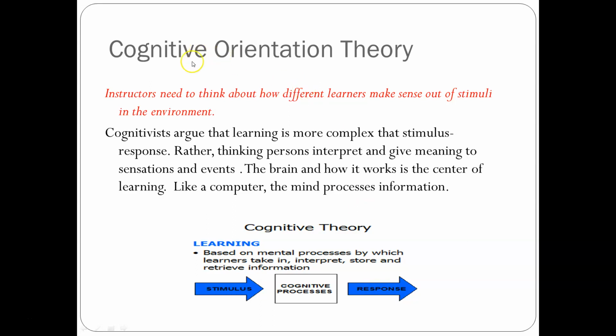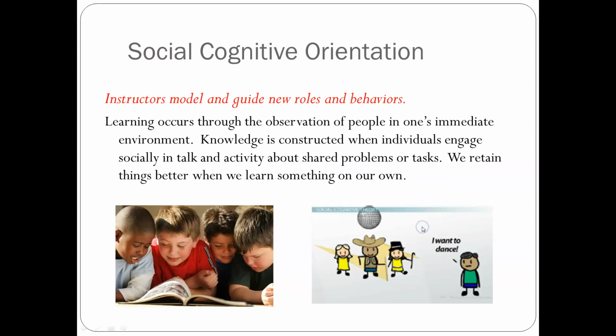And that takes cognitive orientation theory to a different level than perhaps Skinner and Thorndike were talking about. So the brain and how it works is the center of learning from a cognitive learning perspective.